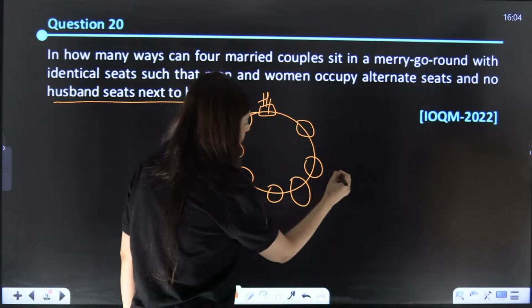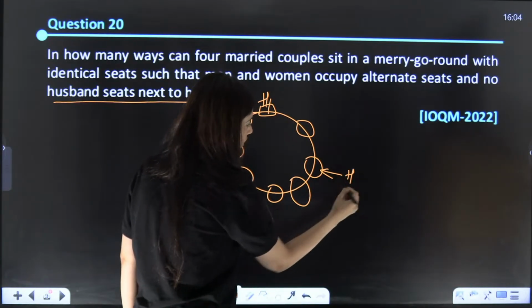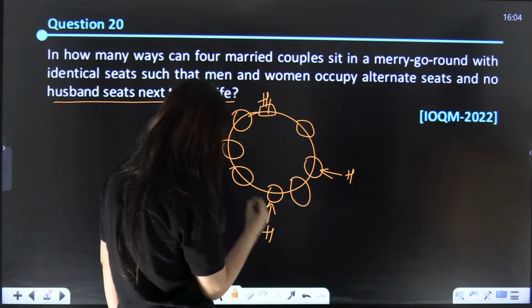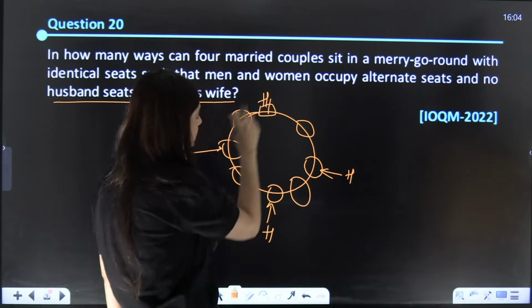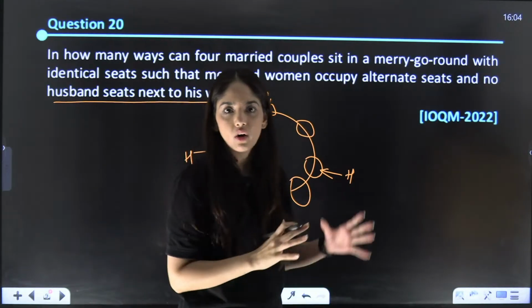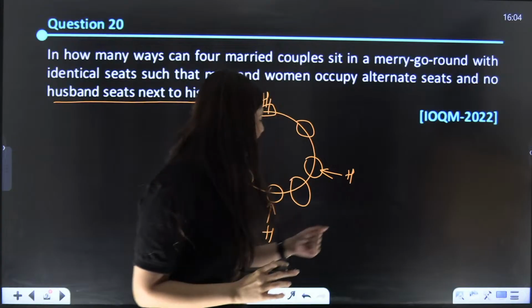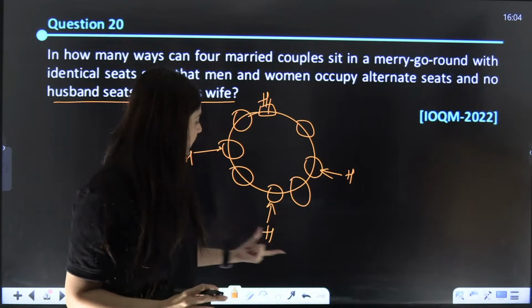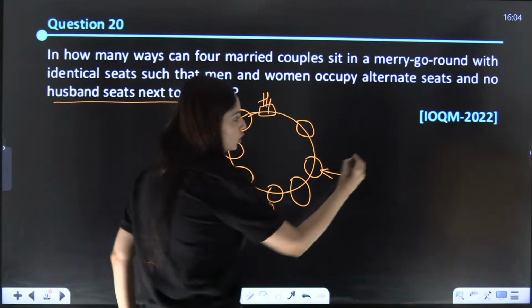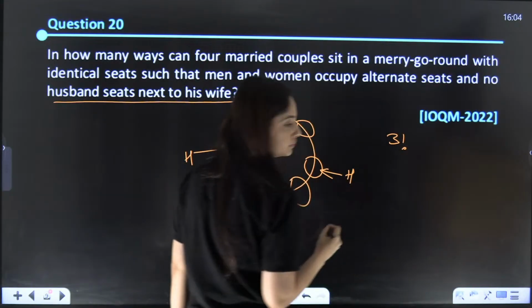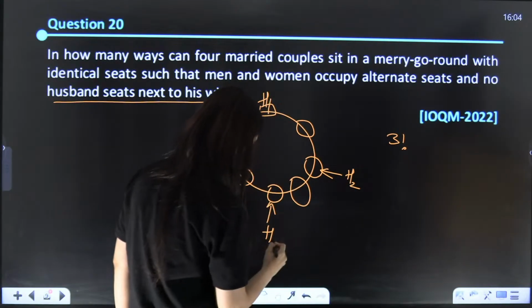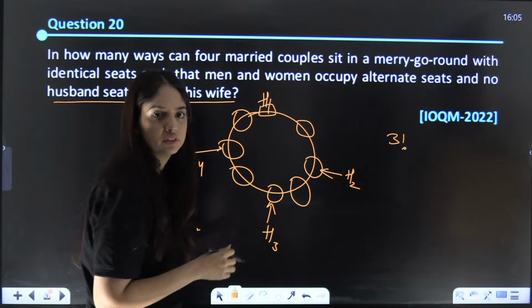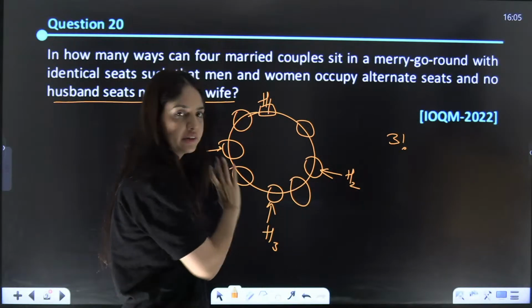Now one husband goes here, one here and one here, because they have to sit on alternate seats, right? Now we have to arrange these 3, so 3 factorial. Now let's say this is our arrangement. We name these as husband 2, husband 3, husband 4.